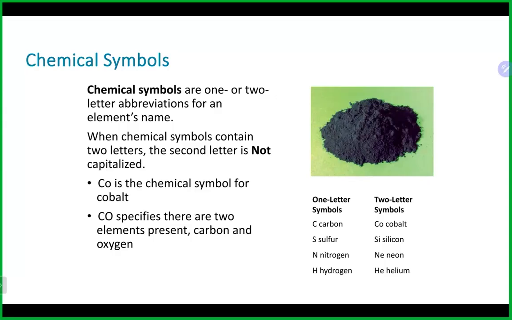A lot of these over here we do touch upon. And in this area as well, there's our lead, which is Pb. Sn is tin. Sb is antimony. Bi is bismuth. Those pop up.